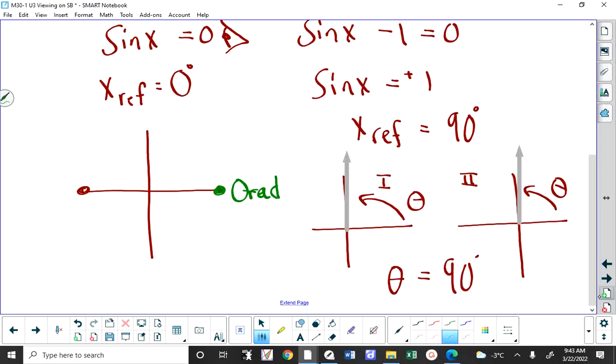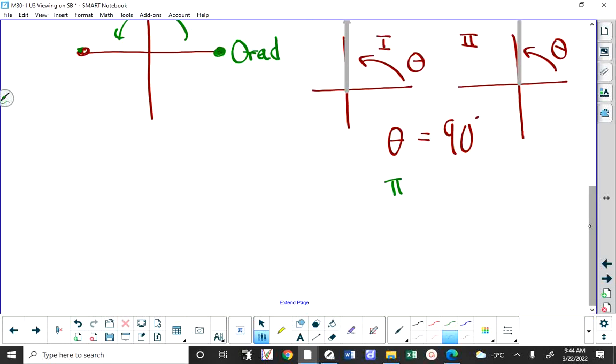This position here is pi rads. This position over here, I said 90 degrees, but we would say pi over 2 rads. We could keep going all the way around past pi, back to 2 pi, but that's not in the domain. So those are the three solutions. And you're okay with that?